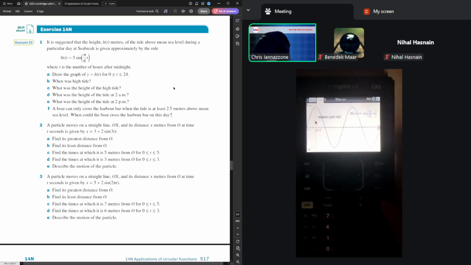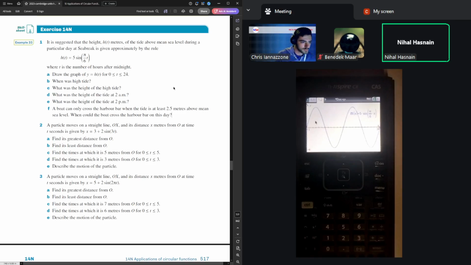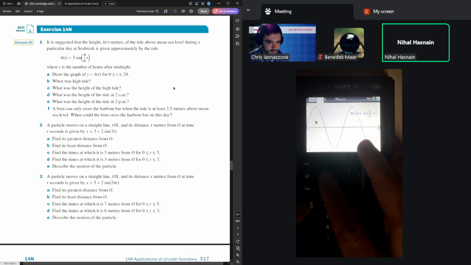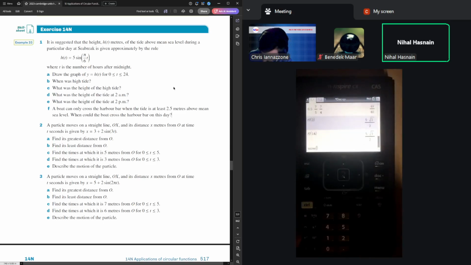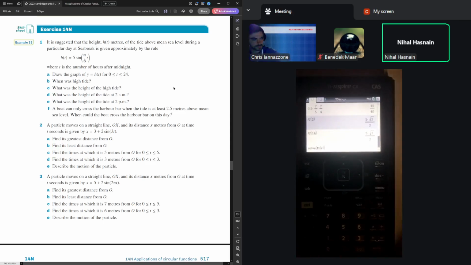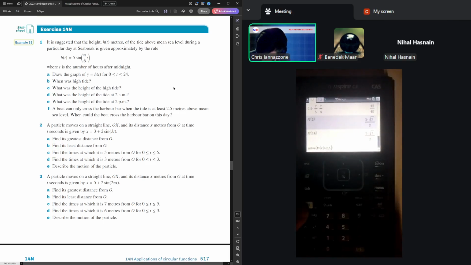Final question of part 1. So this one's an inequality question, so we can set up the equation to be f of x is greater than 2.5, comma x.